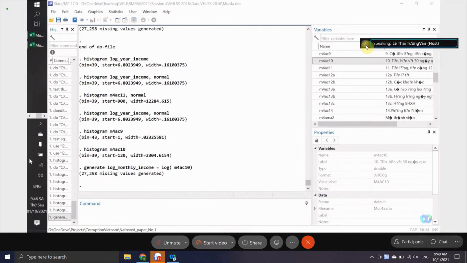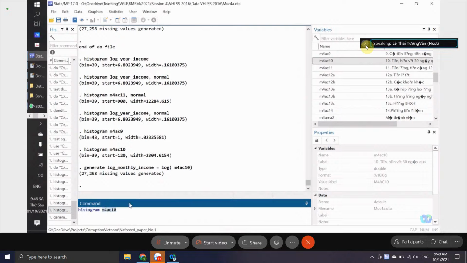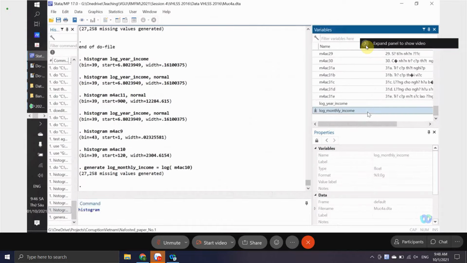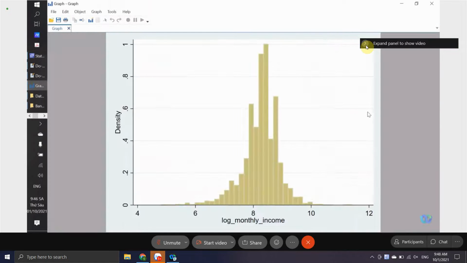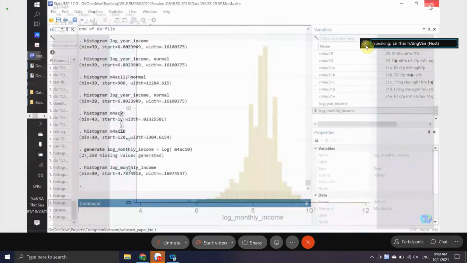Okay, now histogram. See? Yeah, it is again not perfect, but the transformation makes the variable look more normal.